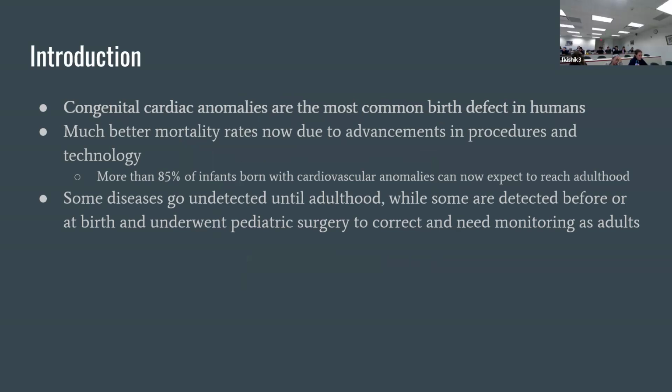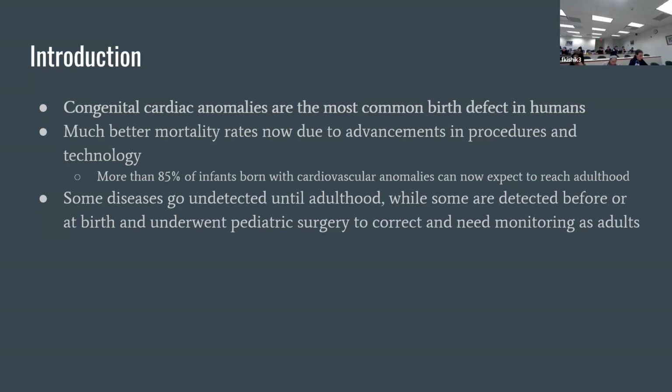Today, there are much better mortality rates due to advancements in procedures and technology, and more than 85% of infants who have some congenital cardiac anomalies now can expect to reach adulthood, which is really revolutionary. They can do crazy stuff in utero, and once the baby is born, pediatric cardiothoracic surgery is very, very specialized now.